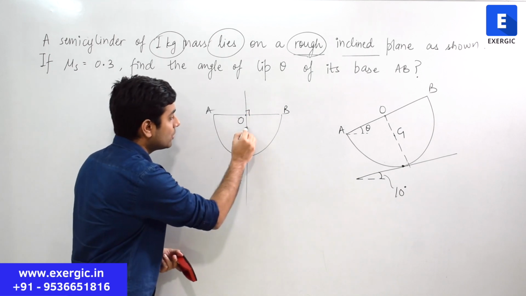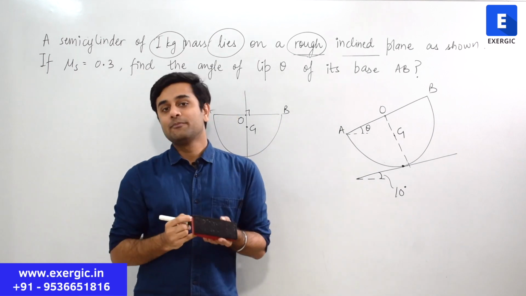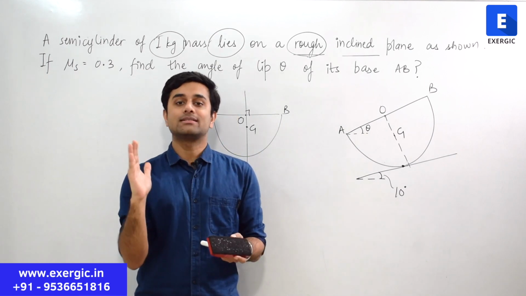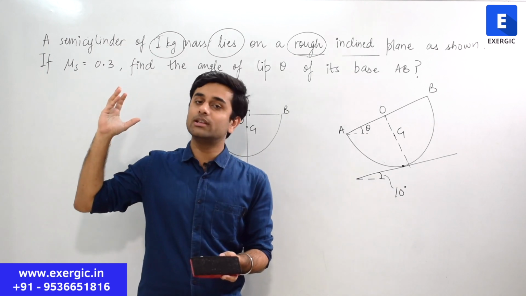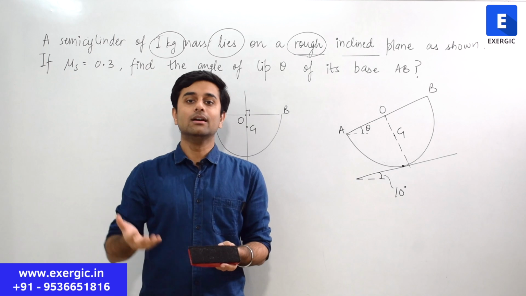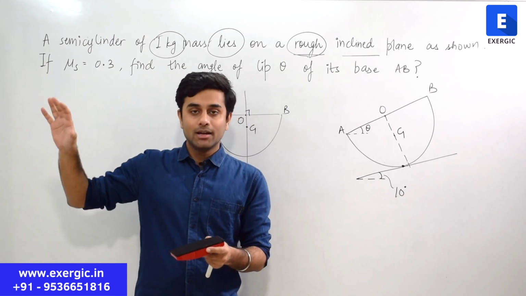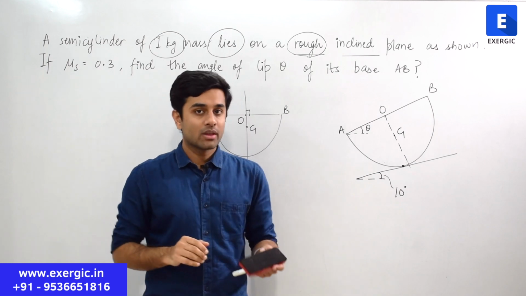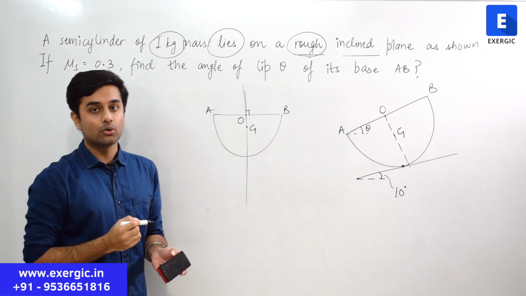On that line only the center of gravity will lie if the body has uniform density, with mass uniformly distributed. And if nothing is mentioned in the question, you have to consider the mass to be uniformly distributed. I have already told you that in many questions. So G is going to lie on this line which is perpendicular to AB.